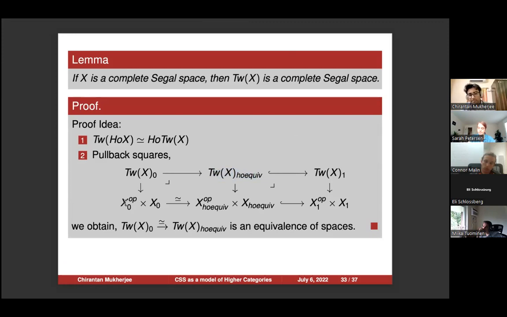And at the bottom, we have the maps from X0^op to X1^op, which are factored through X^op hoequiv, and another map X0 to X1 using the degeneracy map, which are factored through X hoequiv.